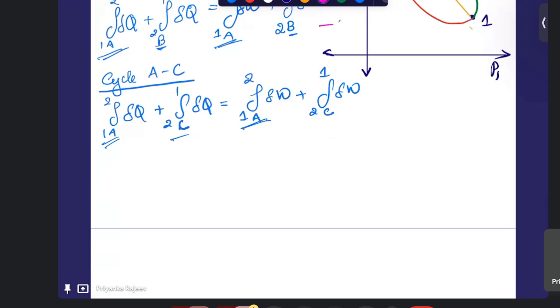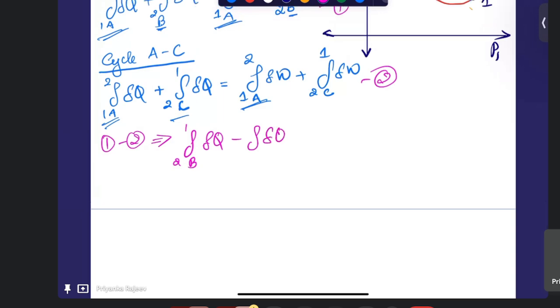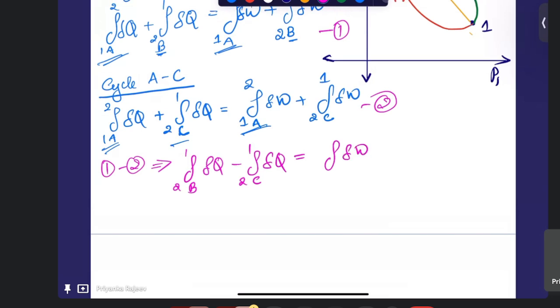So equation 1 minus 2 will give integral delta Q over path B from 2 to 1 minus integral delta Q over path C from 2 to 1 equal to integral delta W over path B from 2 to 1 minus integral delta W over path C from 2 to 1.